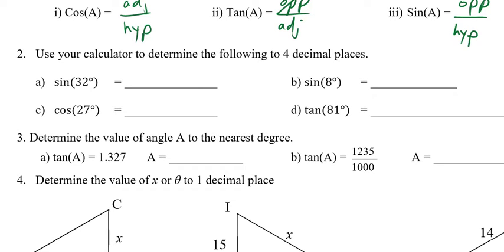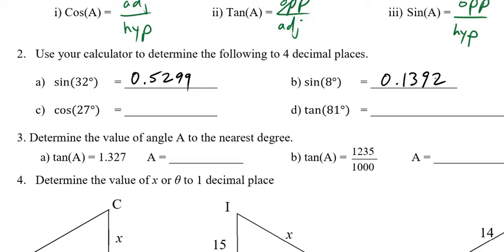Okay, so sine of 32, try this one. And you should get 0.5299, to 4 decimal places. Did you get that? Anybody not getting that? Sine of 8, 0.1392.